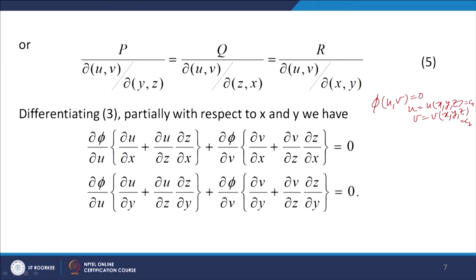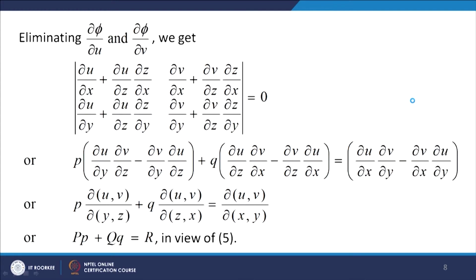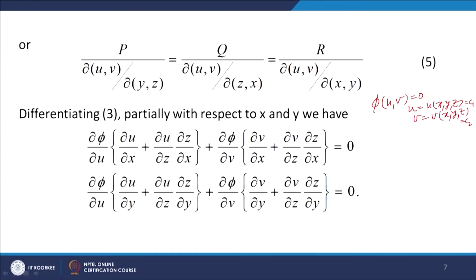So, this is what we get when we differentiate phi(u, v) equal to 0 with respect to x and y. And then when we eliminate phi_u and phi_v from these two equations, what will we get? We will get the determinant of (u_x plus u_z into p, u_y plus u_z into q; v_x plus v_z into p, v_y plus v_z into q) equal to 0.